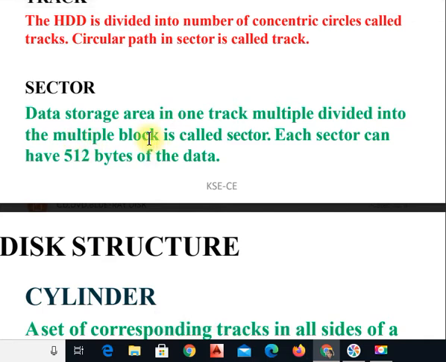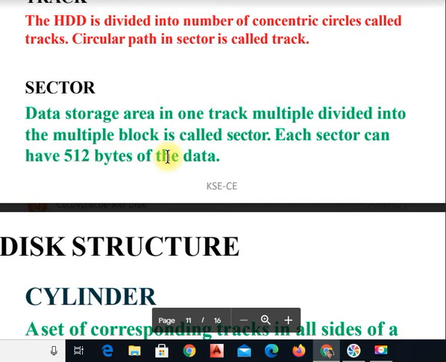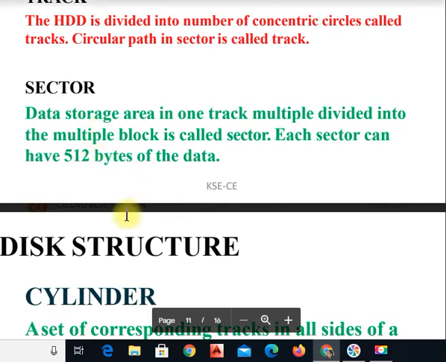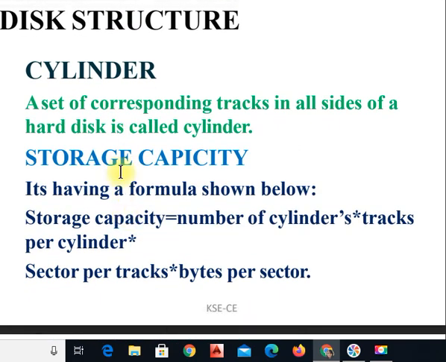The data storage area in the track, divided into multiple blocks, is called a sector. It means the track is divided into small portions, otherwise small blocks, that indicate a sector, and data is stored as bytes, otherwise bits, in this sector. Next one is cylinder.